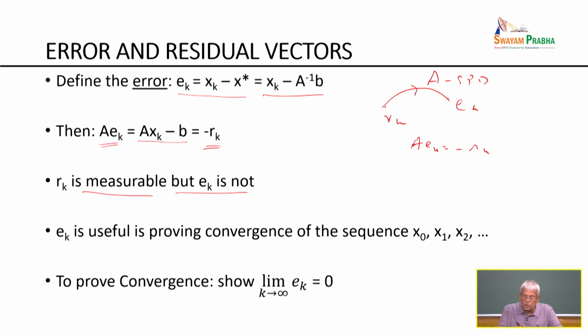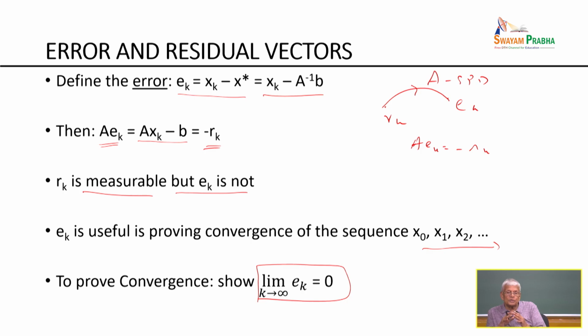So, Ek is useful in proving convergence of the sequence x0, x1, x2, the infinite sequence generated by the algorithm. To prove convergence of xk is equal to proving the convergence of Ek to 0. Look at that now. I am transforming one problem to another problem, because I am ultimately interested in making the proof.